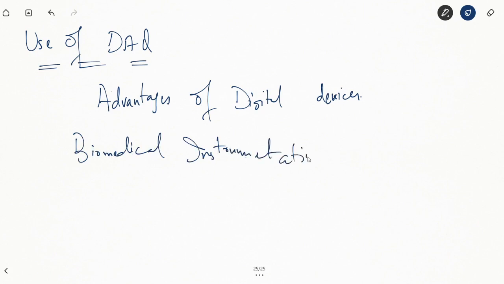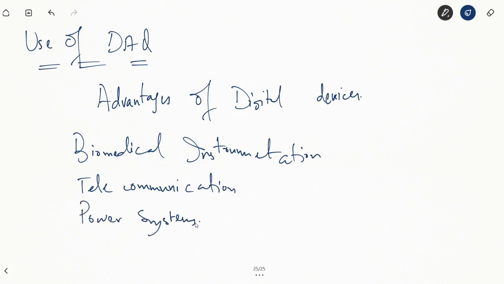You have biomedical instrumentations, you have telecommunications, you have power systems, etc. So these type of applications require a measurement tool that can actually accumulate this data and keep that stored for processing later as well.